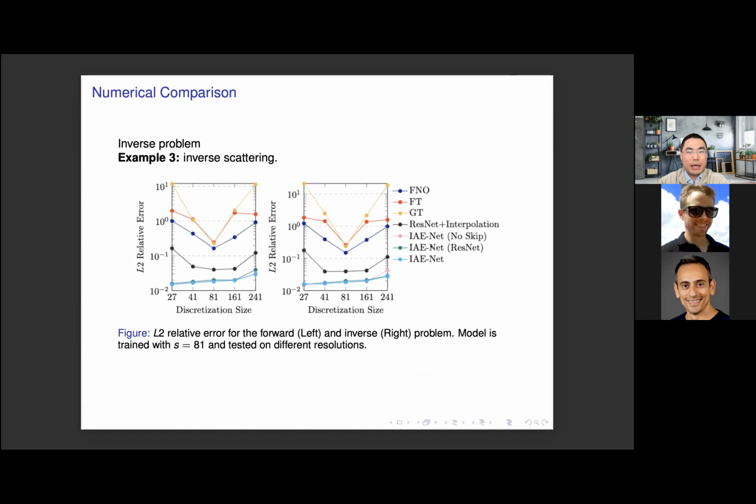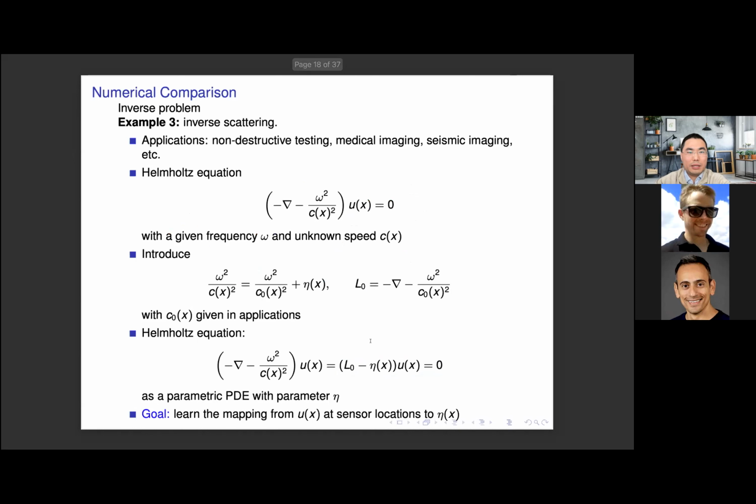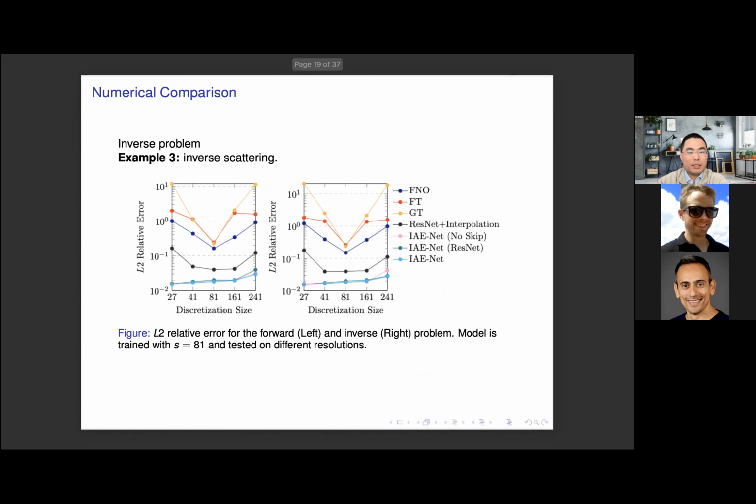We apply different algorithms to solve this problem and to see whether we can have discretization invariance. We have training data coming from the solution of this inverse scattering problem, and we train the neural network with grid size 81 and apply the trained neural network with some other grid sizes. You can see that IAE-Net can still roughly achieve discretization invariance in the sense that the error level is almost the same.